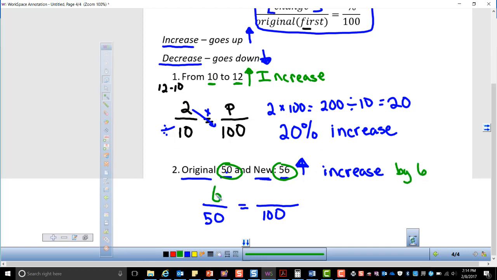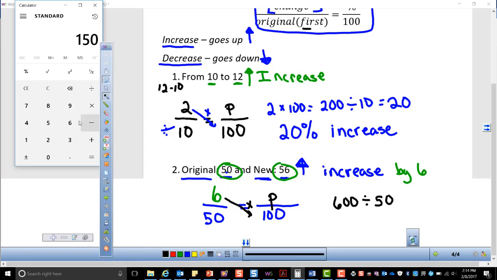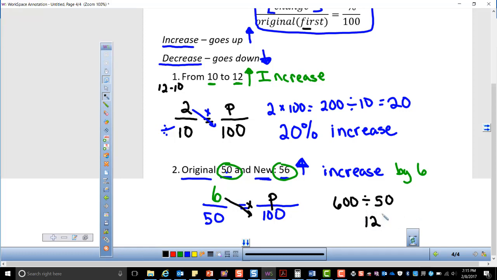So 6 is the change. And we don't know P, the percent. That's what we're looking for. Now in order to solve, I'm going to take 6 times 100, so 600, divided by 50. And we'll double check that in my calculator. 600 divided by 50 is 12. So 12% increase. That means it went up by 12%.